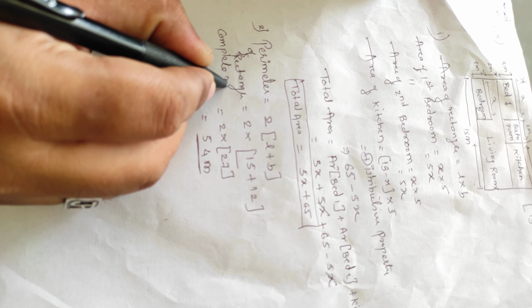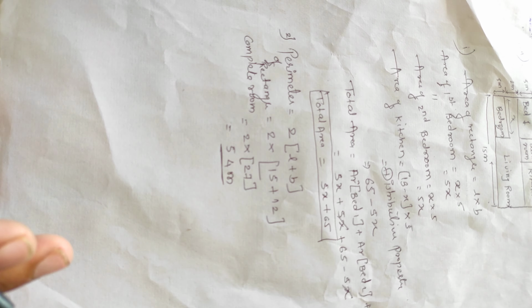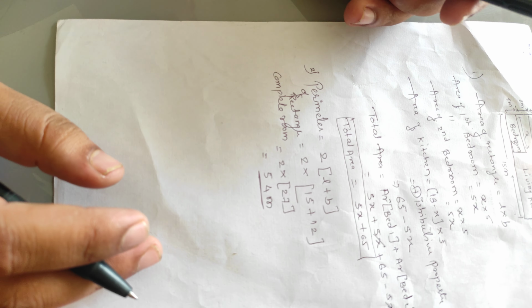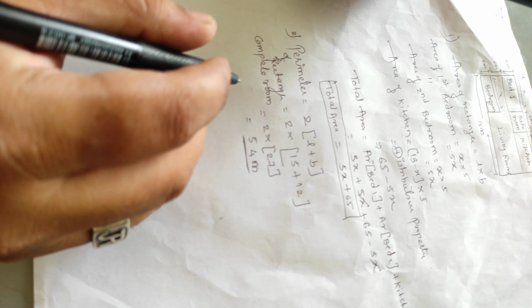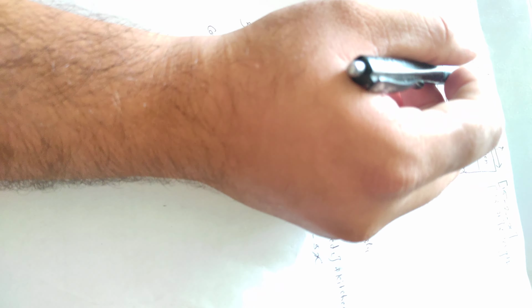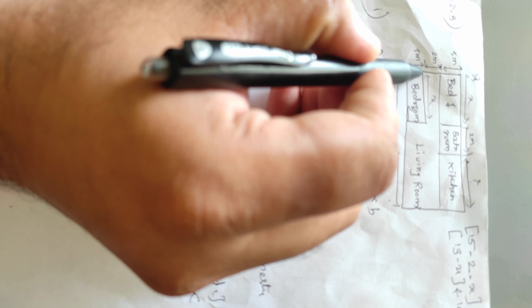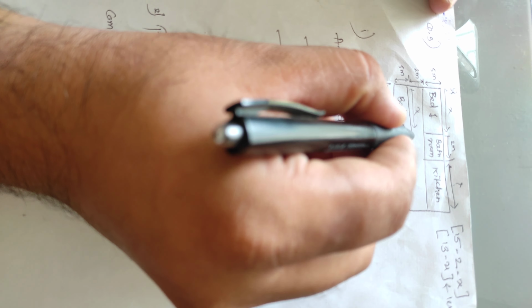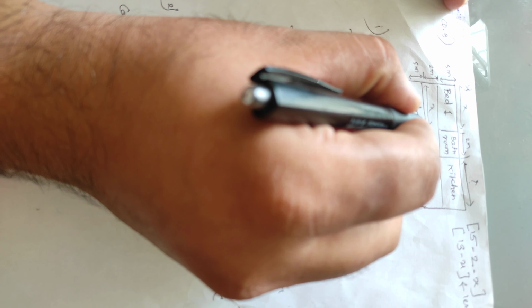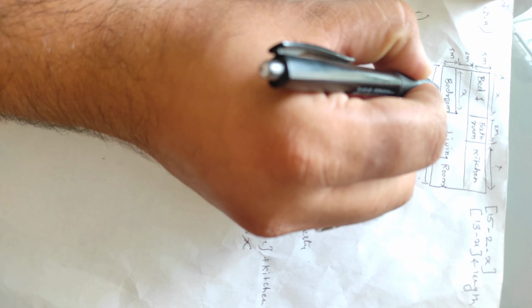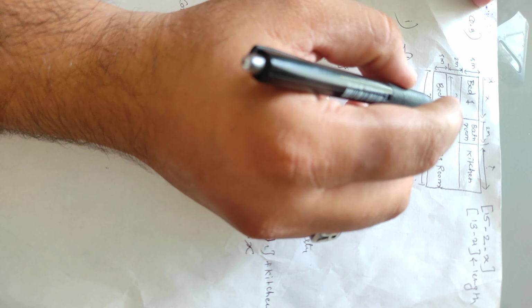Now they are asking for the living room, right? If you see, the living room: this is 2 meters, this is 2 meters. This is x distance, this is x distance.